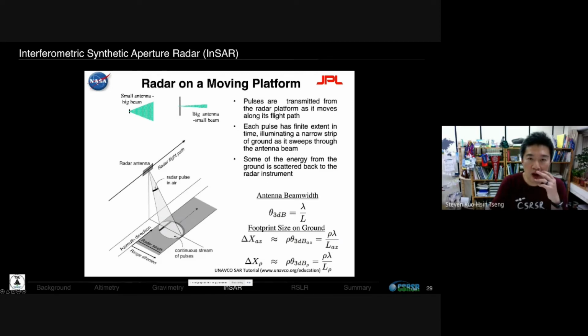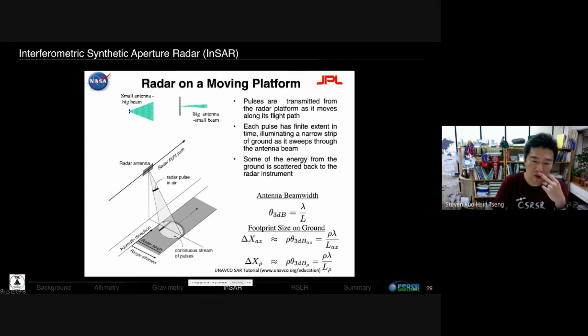So why do we call that INSAR? Why do we call that synthetic? So the synthetic means that once we send out the signal, so basically a measurement, an object on the ground can be measured several times because the satellite has a very high pulse repetition rate.